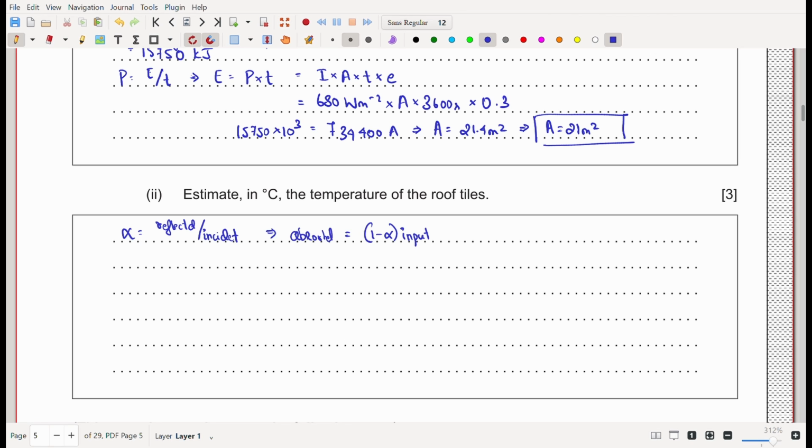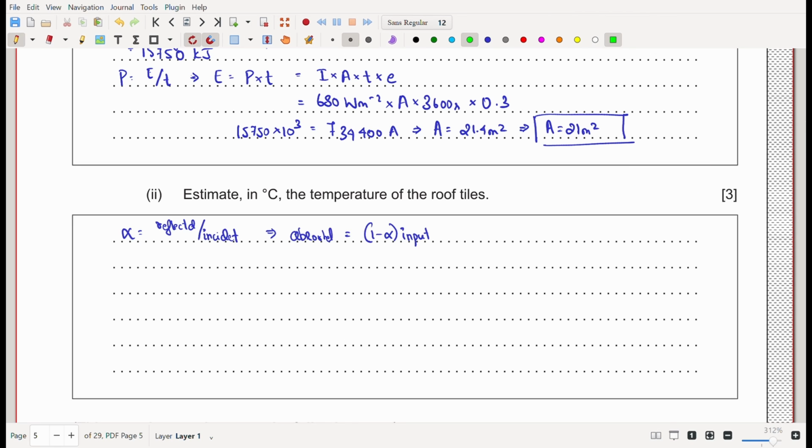I'm just going to derive this on the side, guys. Since 1 minus alpha is equal to incident minus reflected by incident, which is equal to absorbed by the incident. Since anything that's not absorbed is going to be reflected, so anything that's not reflected is going to be absorbed. So this is one derivation that you guys have to keep in mind while practicing, solving papers, whatever.